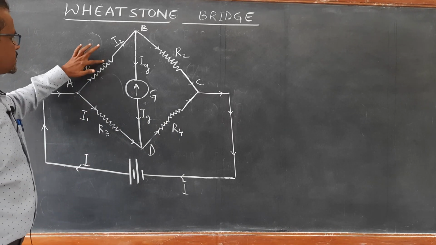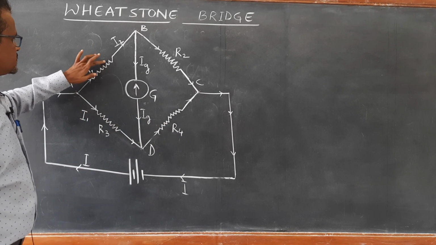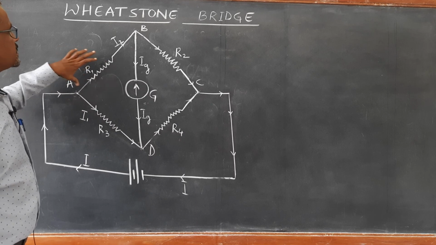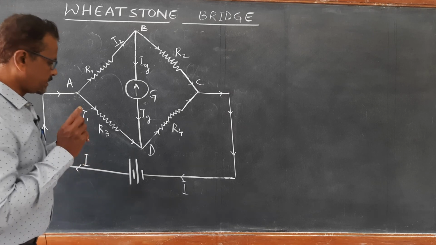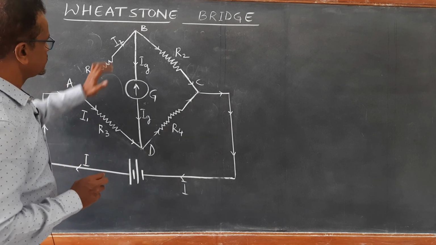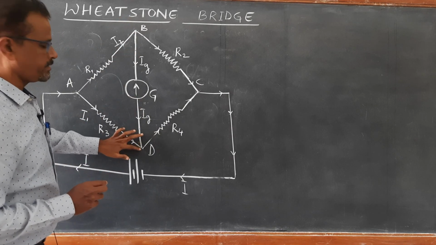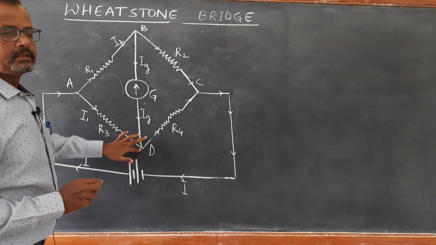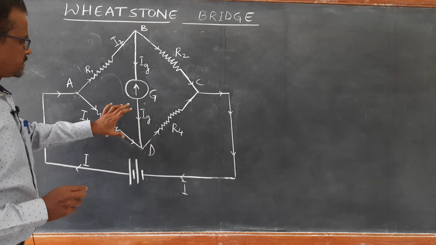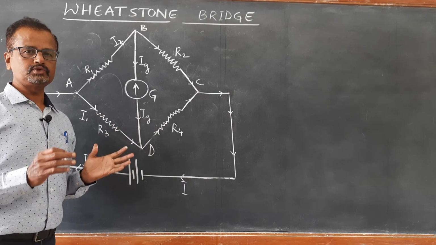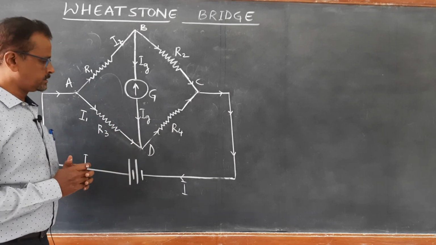These arms are also called ratio arms. One more thing to be noted here is that between one pair of these vertices, a galvanometer is taken. A galvanometer is a device to detect electric current.